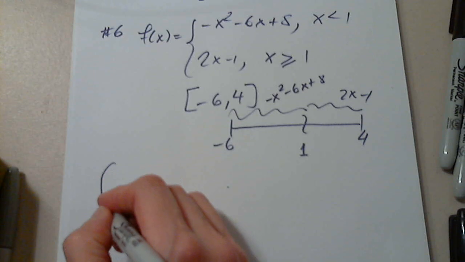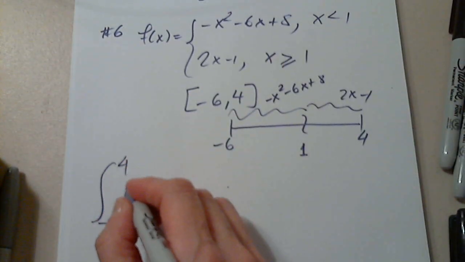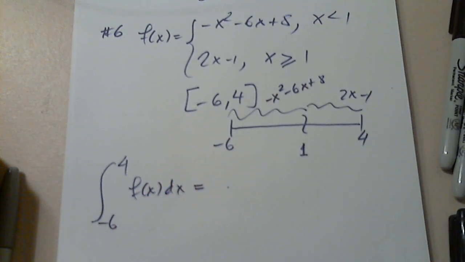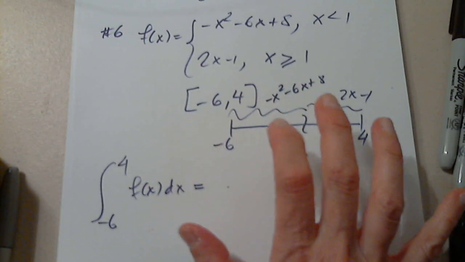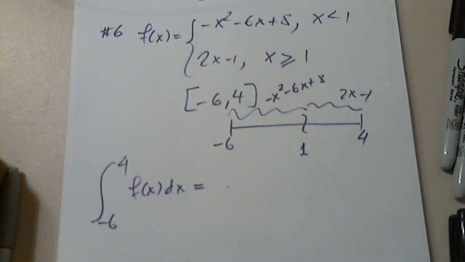How do I find the integral from negative 6 to 4 of f of x dx? When I have between negative 6 and 1, I have a function, and between 1 and 4, I have a different function. How do I do this?